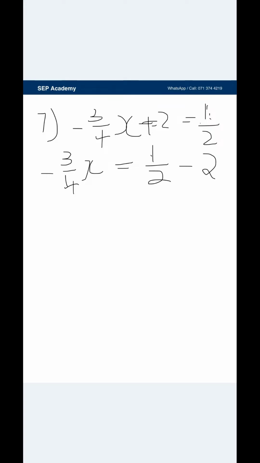Definitely, it will have to change its sign. And then you now have your negative 3 over 4x, which will be equal to half minus 2. Definitely that should be negative 1.5, which is negative 3 over 2. Let's see, half minus 2, yes, negative 3 over 2.